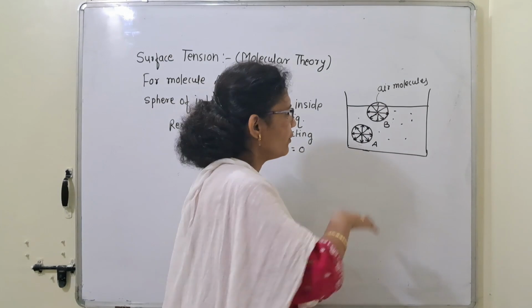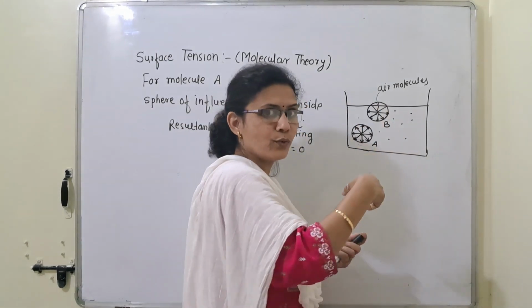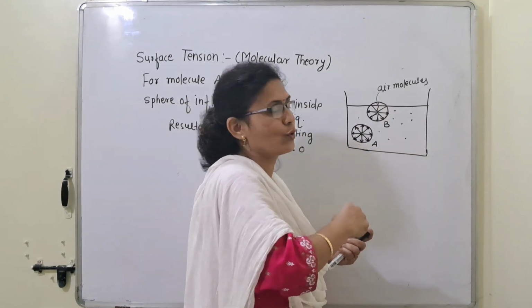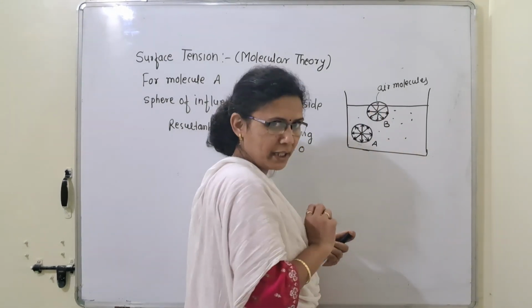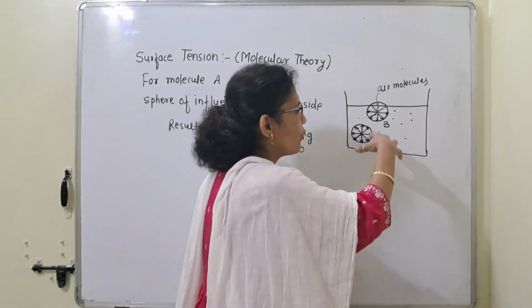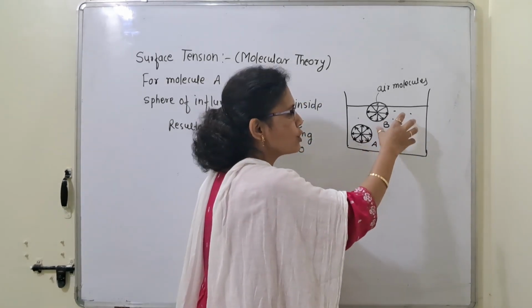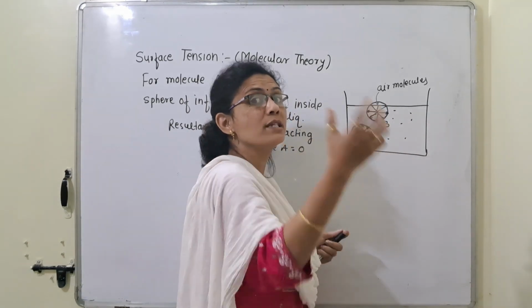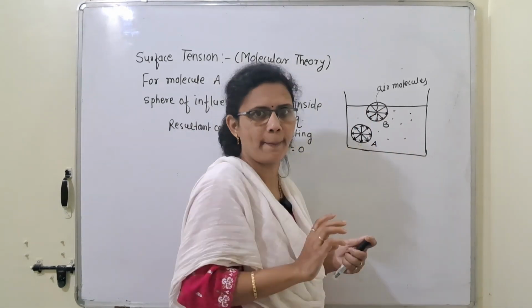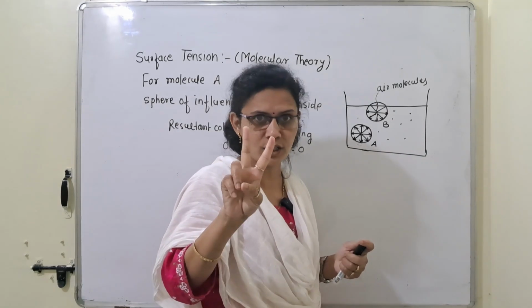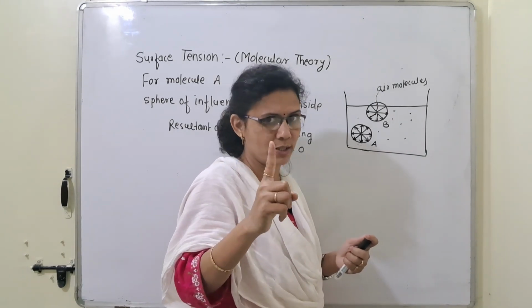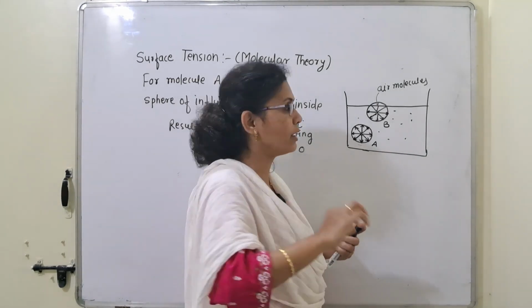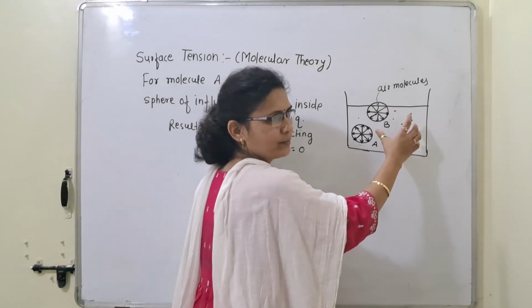So they will exert adhesive force, attractive adhesive force on this molecule B, and also the molecules of this same liquid will exert cohesive force on molecule B. मोलिक्युल बी वर दोन प्रकारचे फोर्सेस ऍक्ट होणार, ऍडेसिव्ह आणि कोहेसिव्ह. कोहेसिव्ह फोर्स कुणामुळे असणार? ड्यू टू सेम लिक्विड.